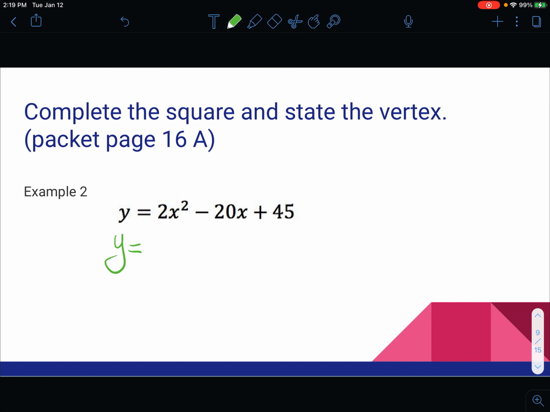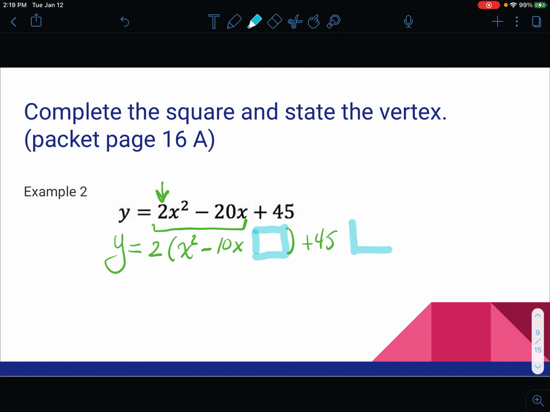All right, this is where things get a little crazy, because this too is an issue. So I am going to look at my first two terms here, and I am going to factor out that leading coefficient. And I'm going to leave my space for whatever completes my square.